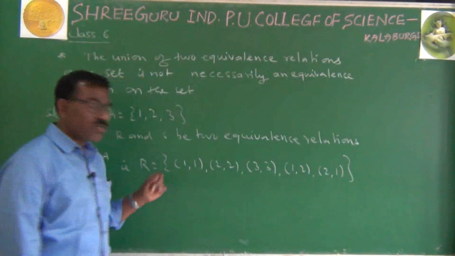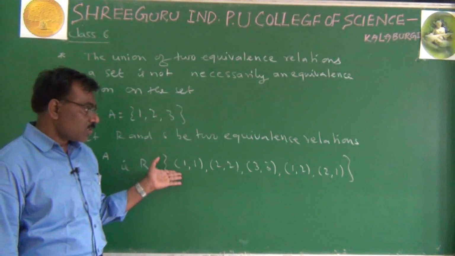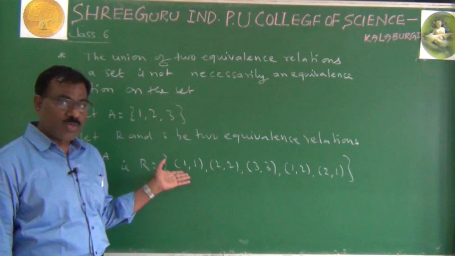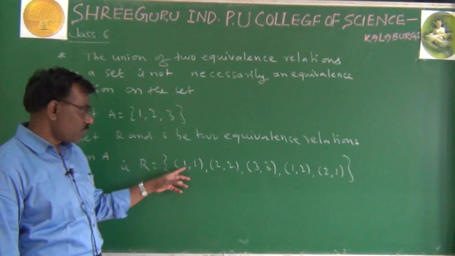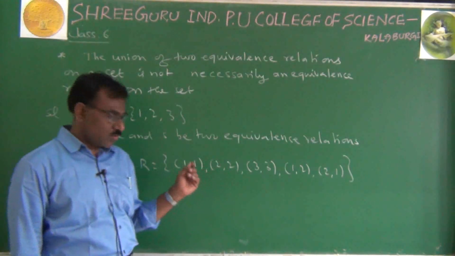This relation is an equivalence relation because all three conditions are satisfied: reflexive, symmetric and transitive. Reflexive: (1,1), (2,2), (3,3).